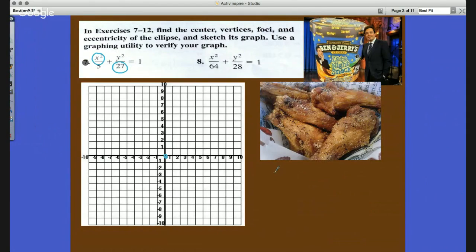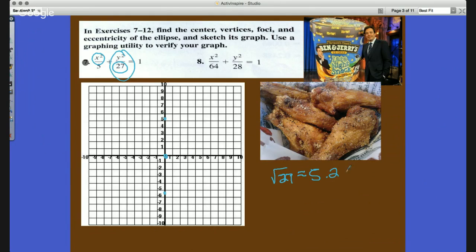So in order to get how far it goes up, we're going to take the square root of 27. Usually I keep it as a square root, but right now, to give you an idea of where this would be, let's do the square root of 27, which is 5.2. So this is going to go up 5.2 and down 5.2, because again, it's underneath the y.